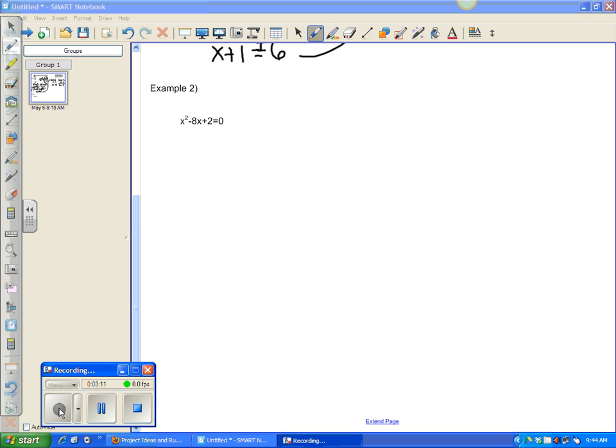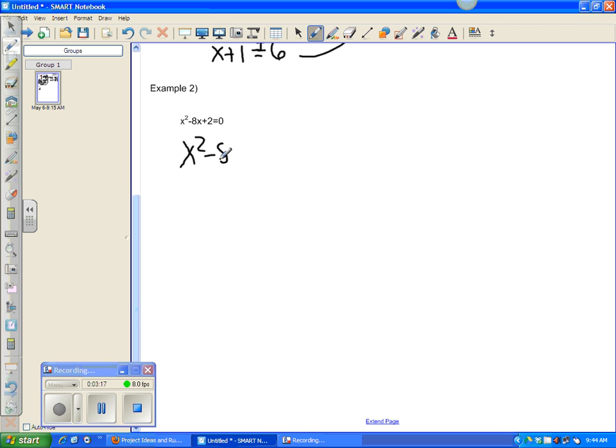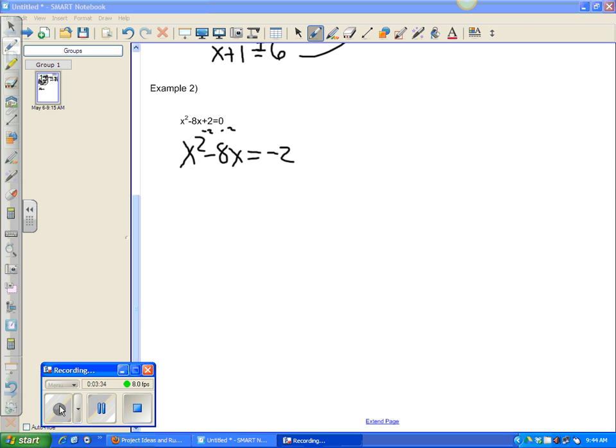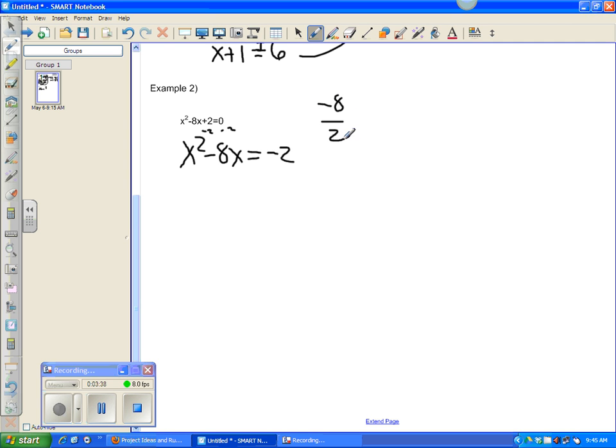Example 2. Let's move the 2 to the other side in order to get the proper format, which becomes x squared minus 8x is equal to a negative 2. Remember, minus 2. Let's do this b factoring weird thing where we have, sorry, let me say that again. It's negative 8 divided by 2, squared.